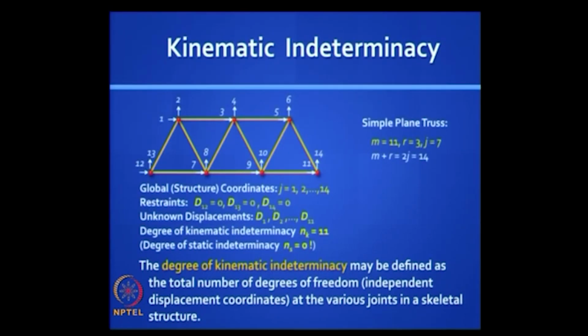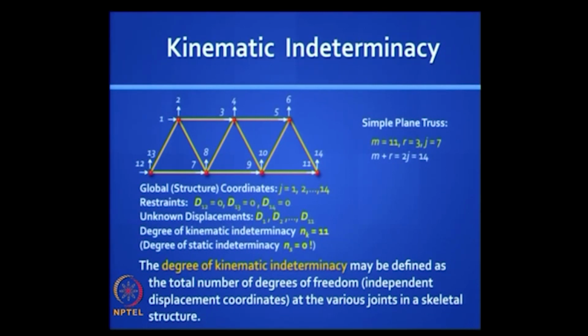For this truss to be stable, you need to arrest some of these displacements, and in this case, if it's simply supported, at least 3 of them we should arrest. So let's say D12, D13 and D14 we arrest, and usually while labeling them we put the arrested coordinates at the end of our labels.